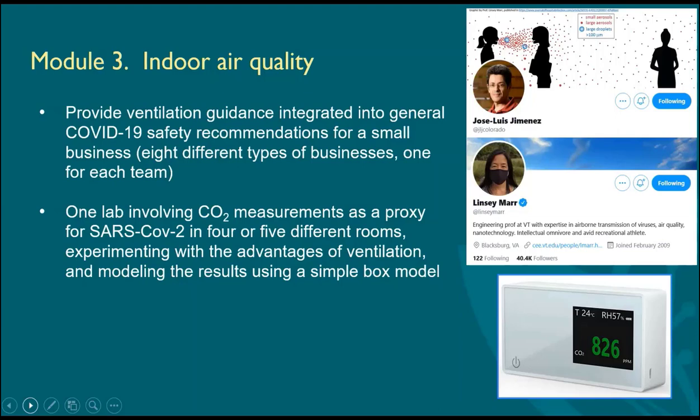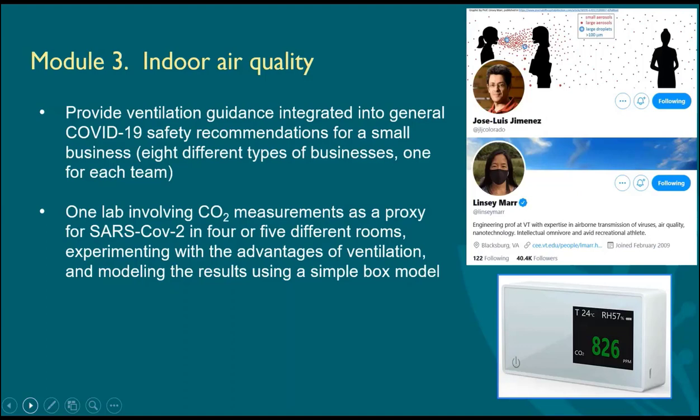So the students had to use the one box model provided by Lindsay Marr, and they had to test different scenarios depending on what they chose for the experiment, and basically compare a non-ventilated room with a ventilated room. And those results had to be presented to the small business owners. There were several businesses that we provided: a dentist office, a gym, a small restaurant, home day care, and others.